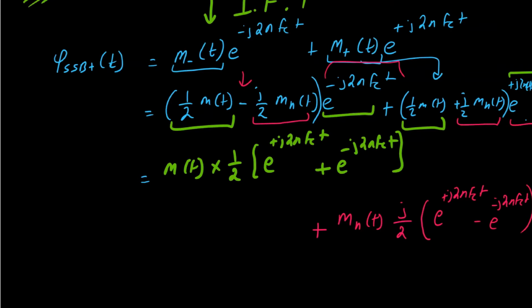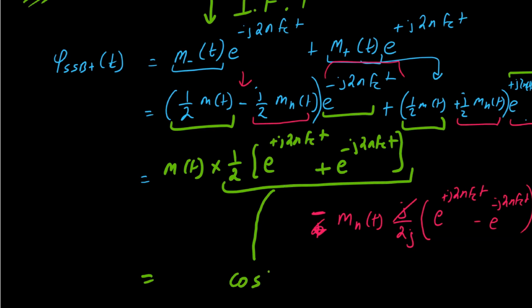So this is what we get. We can also change this j to over here and this minus. Now from here this would yield simply a cos 2 pi fct.